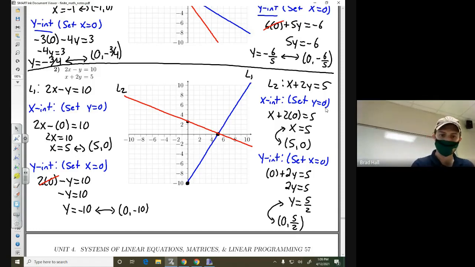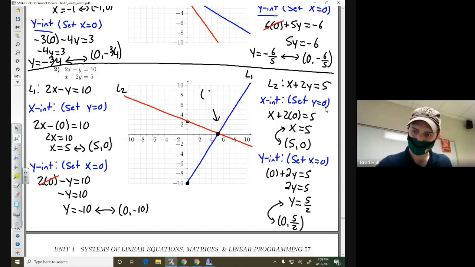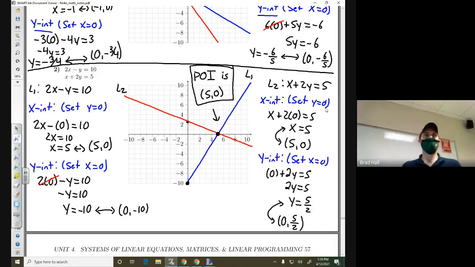And from here, we can see what the point of intersection is. It seems to be 5, 0, which I normally call the POI, point of intersection. So 5, 0 would be the solution to this linear system, the system of linear equations. To solve a system is to find where the point or points of intersection lie.